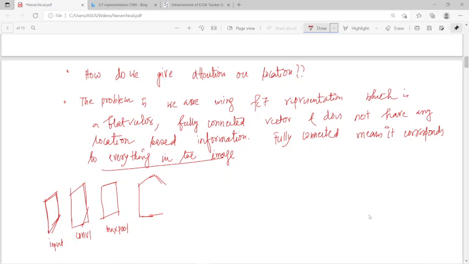So in that case, we apply several convolutional layers, because from the input image the model will find particular features depending on the data set that you are given, right?